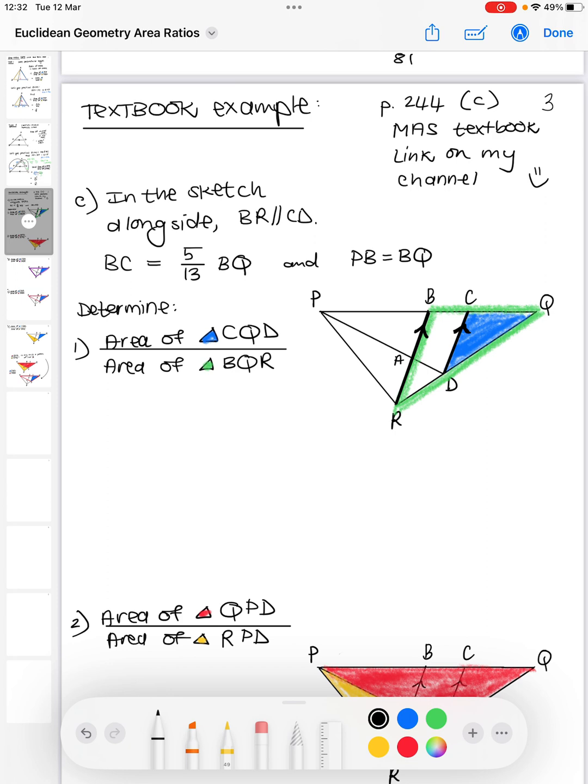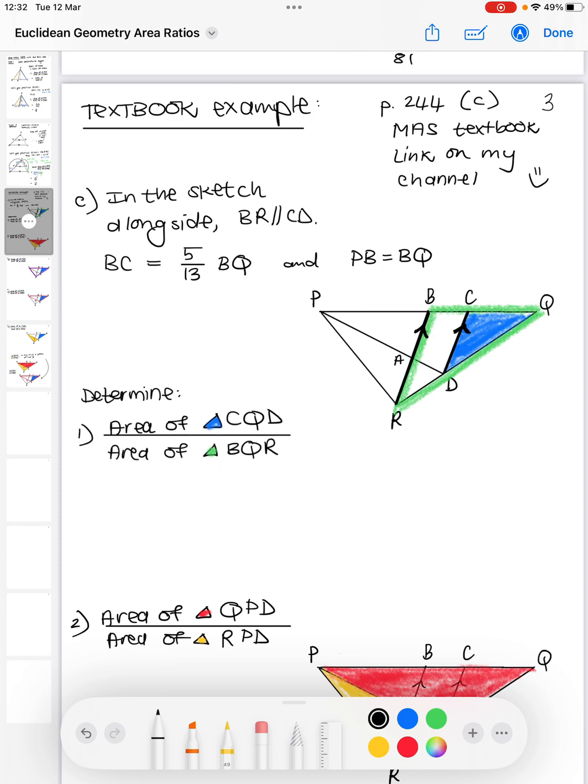Now I really want to take that information and make it more user-friendly, because at the moment it's not. So I'm going to divide both sides by BQ, and then I'll get BC over BQ is 5 over 13.